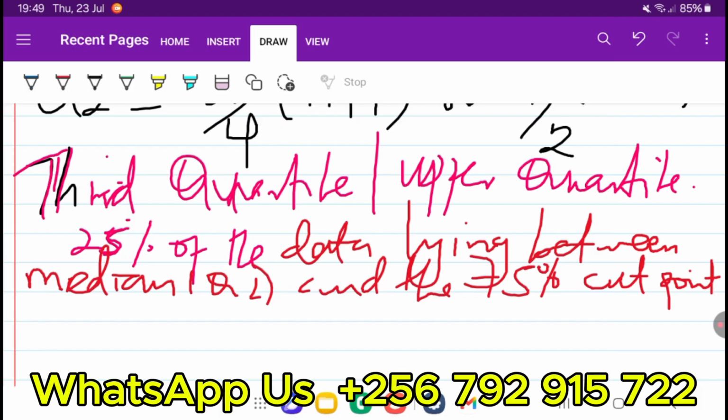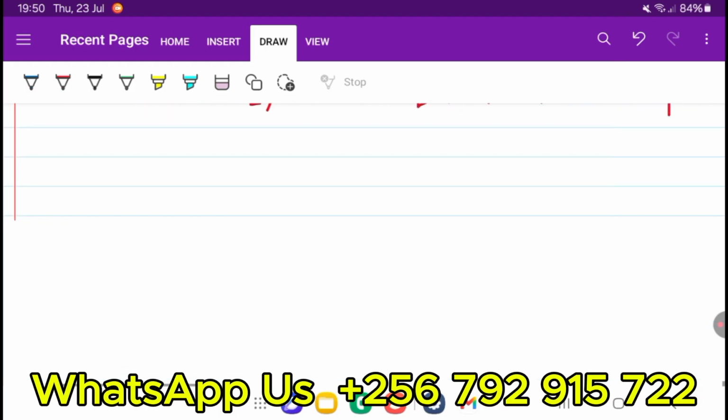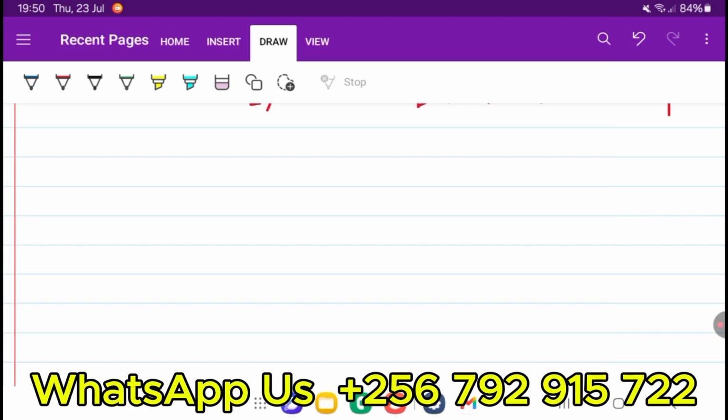That is the implication, that Q1 is actually the median of the first half of the data set when the data has been arranged in an ascending order. Then Q3 is the median of the second half of the ordered observations.